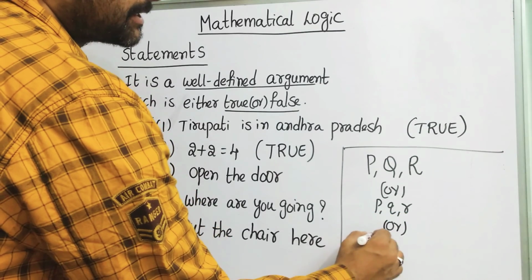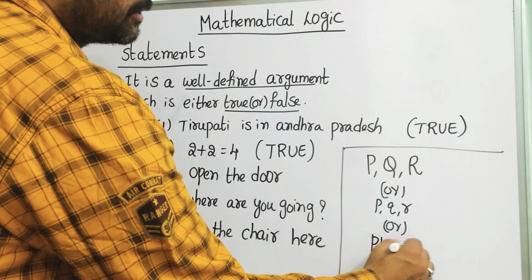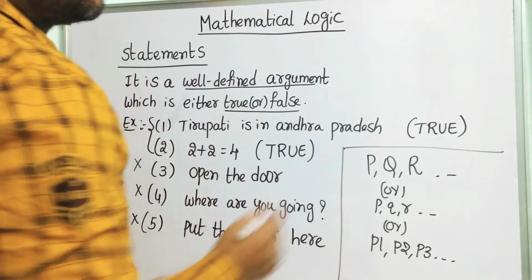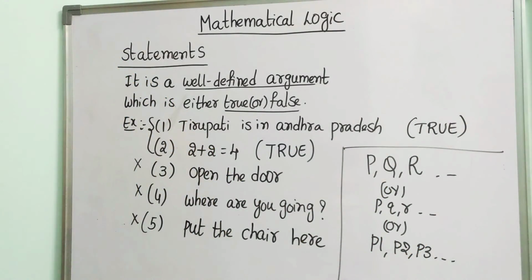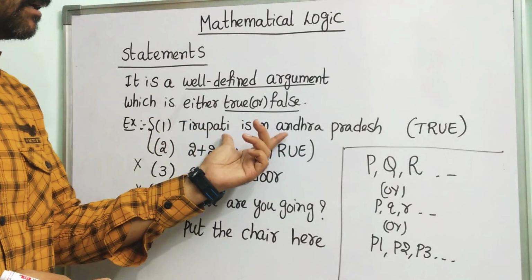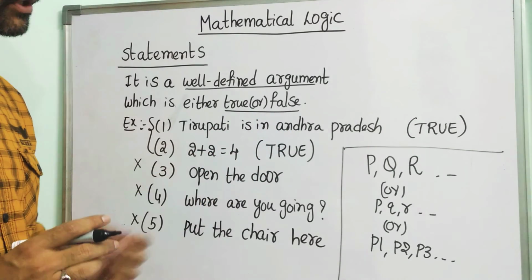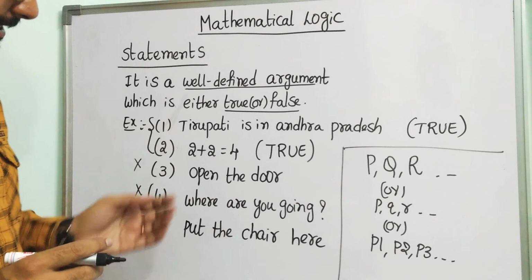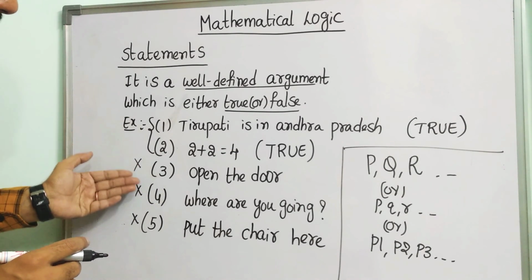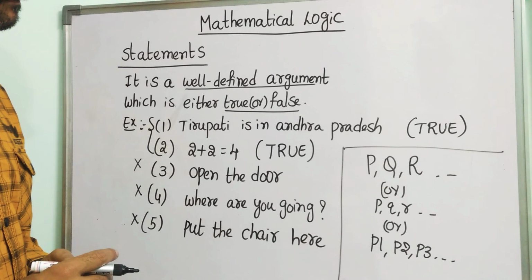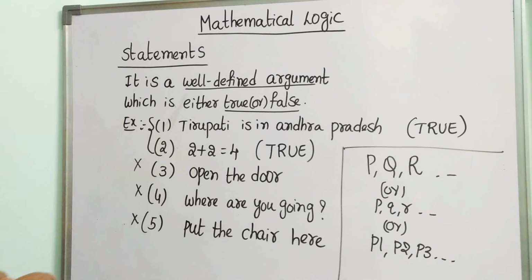Or we can also consider like this, P1, P2, P3, okay, so on like this. So it means, for example, in this case, I can consider statement P as Tirupati is in Andhra Pradesh. Statement Q as 2 plus 2 equal to 4. And we should not consider any of these 3 or 4 or 5 because they are not basically statements. Okay. So this is how we can consider.